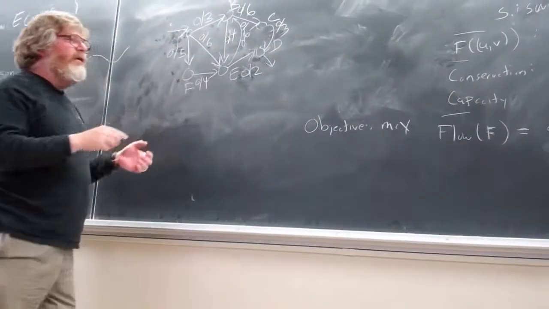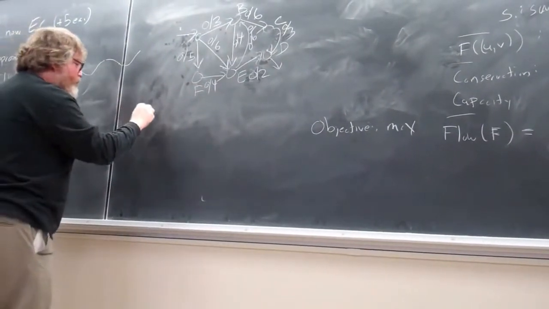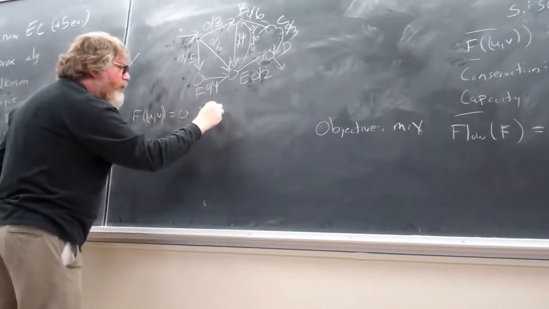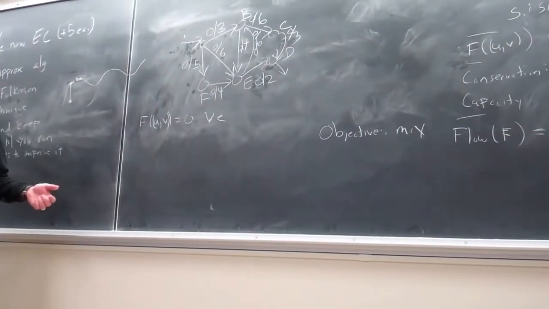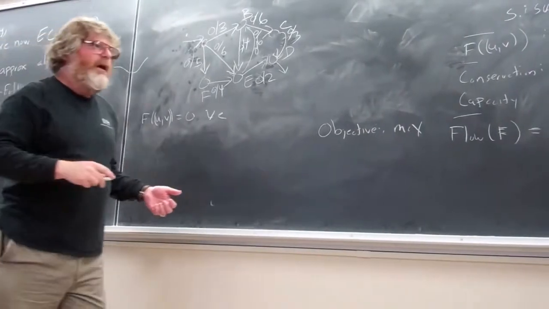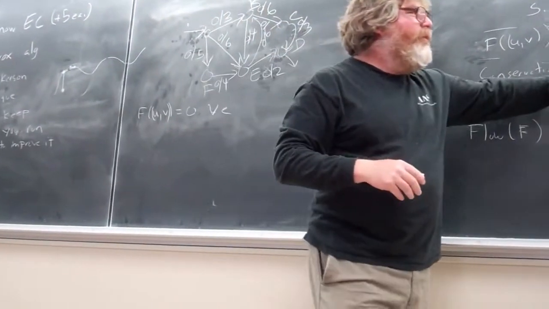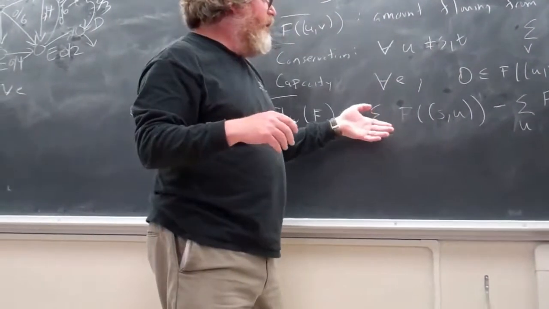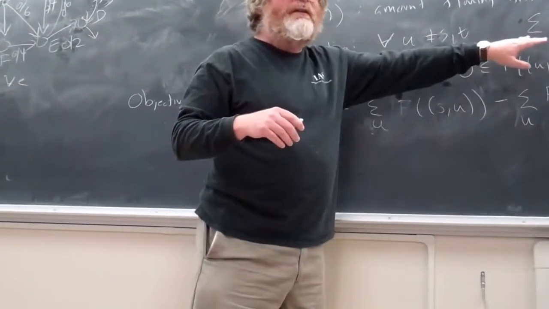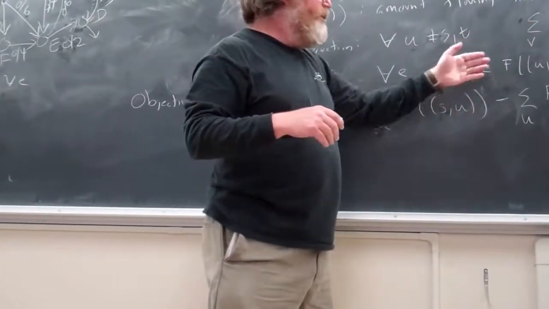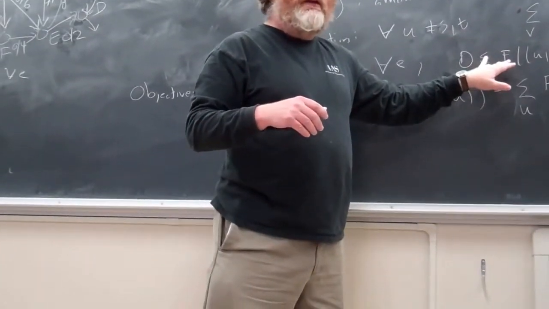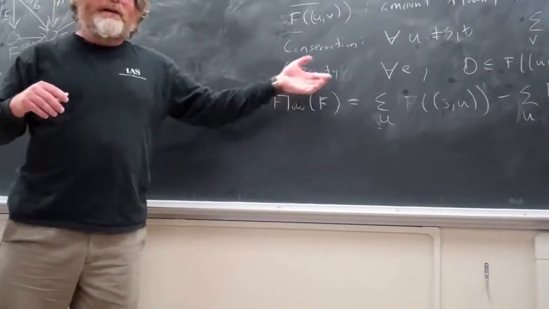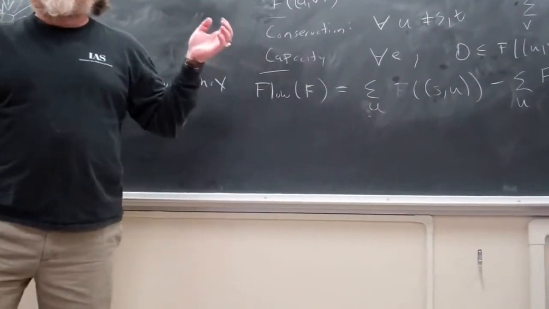So if we start with all flow 0 for every edge, then certainly the amount flowing in is equal to the amount flowing out is equal to 0, and since the capacities are always non-negative, we haven't exceeded the capacity. But on the downside, the value of the flow we got is just 0, so it's not very impressive.